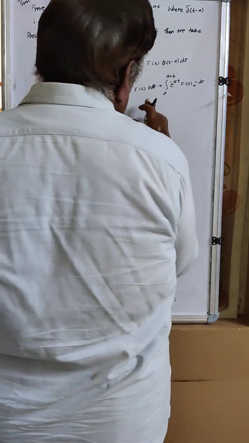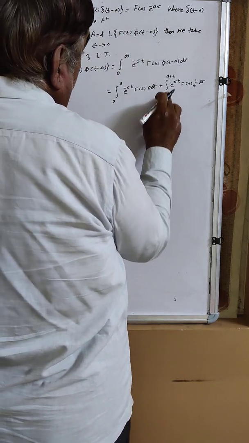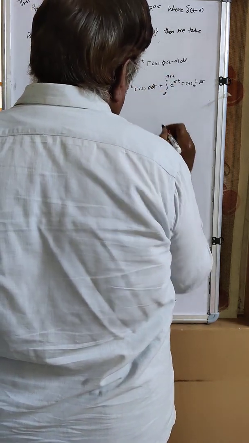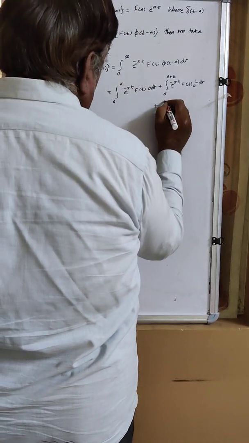The value of the function phi of t minus a in the interval a to a plus epsilon is 1 by epsilon as per the definition of the Dirac delta function.